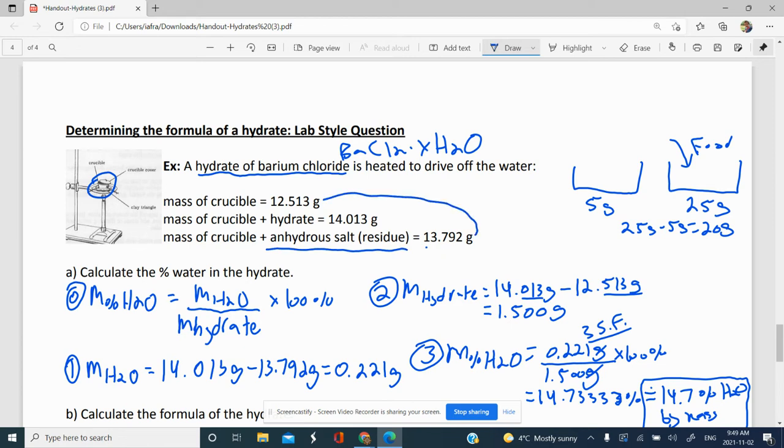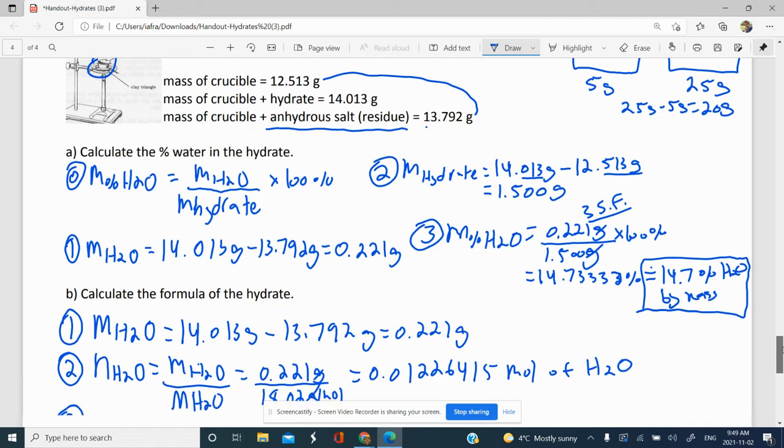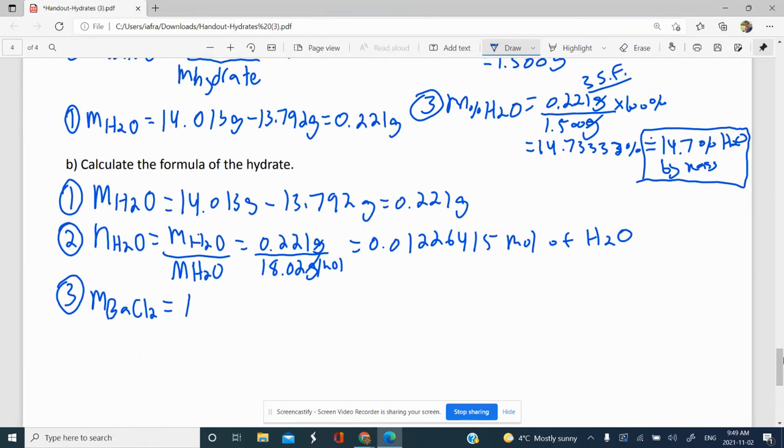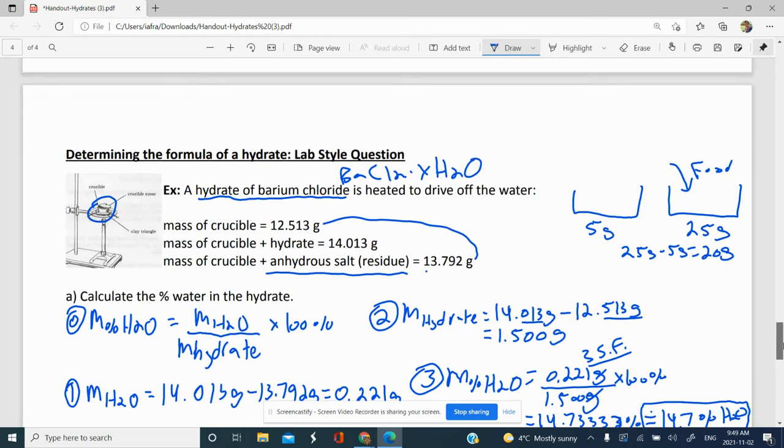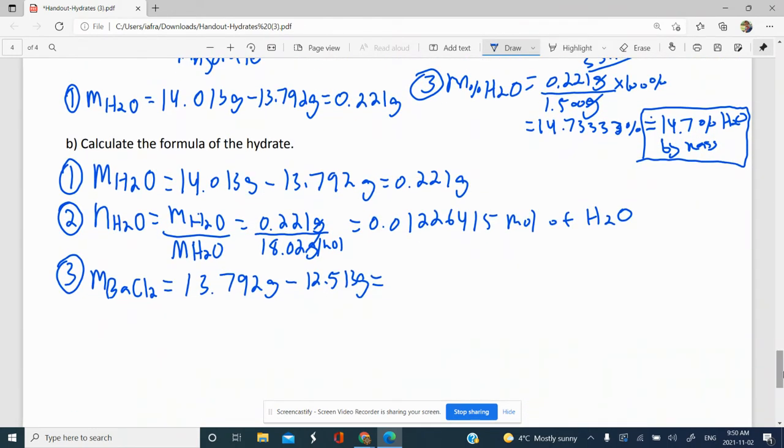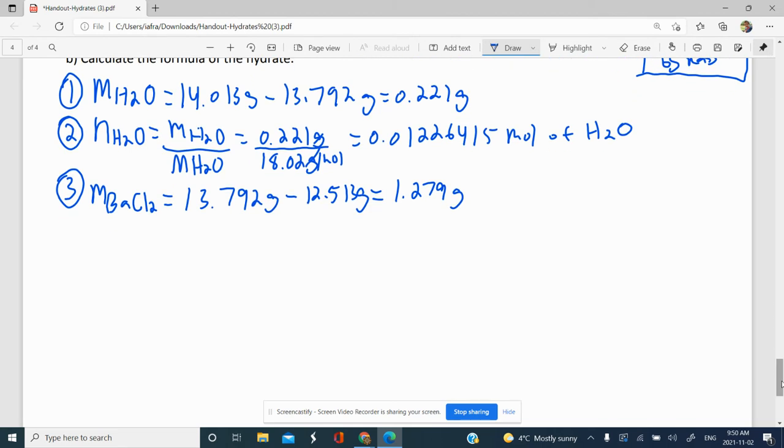That's right, subtract 13.792 minus 12.513. So 13.792 grams minus 12.513 grams. Was that correct? 12.513 for the crucible. That's right. So you get 13.792 minus 12.513, and we get 1.279 grams.